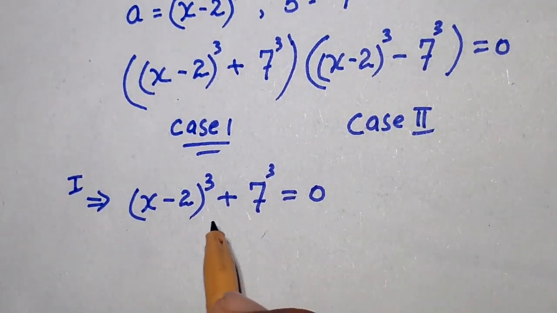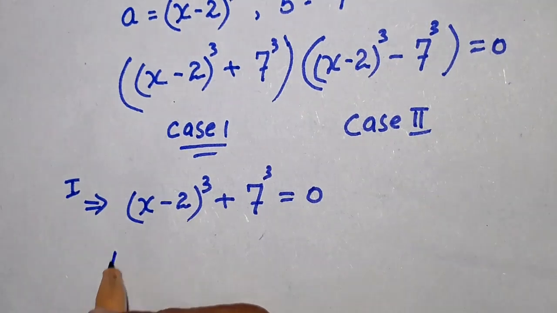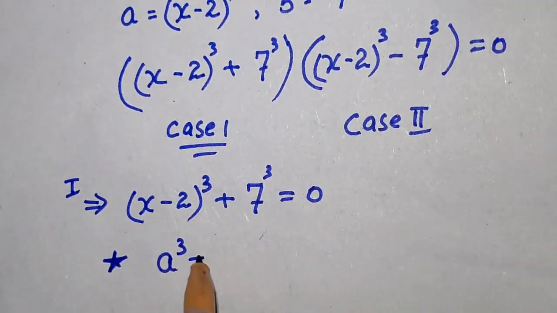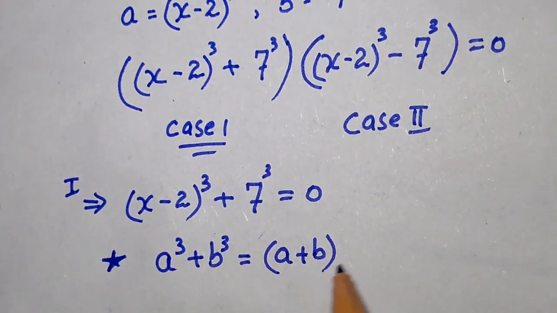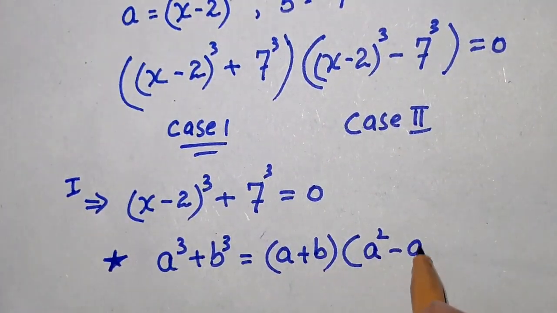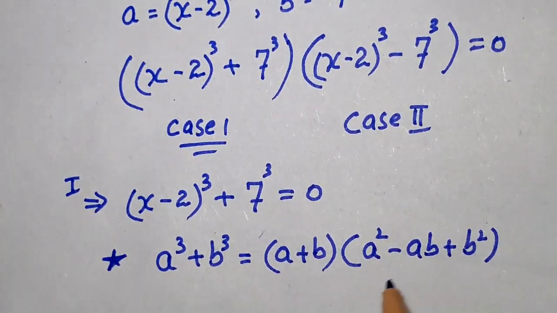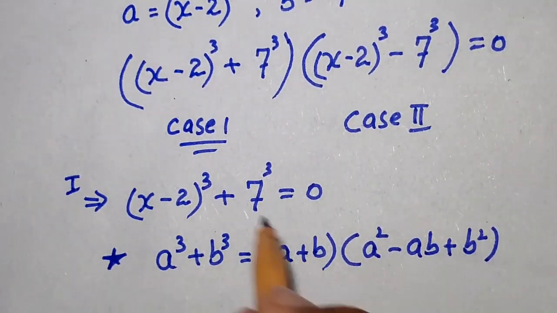Now to solve this, this is in the form of the identity a³ + b³ = (a + b)(a² − ab + b²). So we have to apply this identity here.